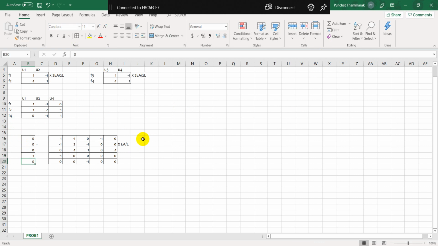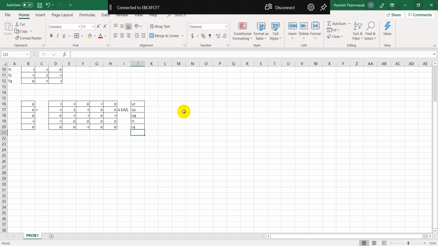So it is 0 here because we moved the reactions to here: U1, U2, U4, and reactions R1 and R4. All right. Now that's it. Invert the matrix and we try to get the displacement solution.